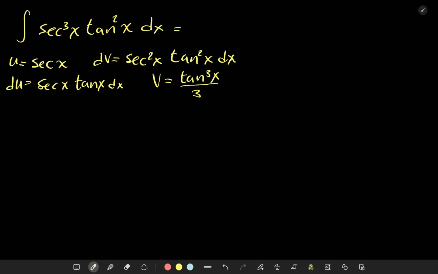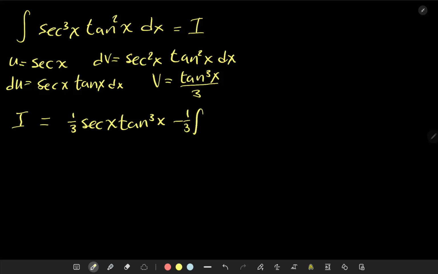All right, so now my integral is going to be according to the integration by parts formula. Let's call this one I, and I'm going to go like that. I is going to be uv, so it's going to be 1/3 of secant of x tangent cubed of x, just uv, minus the integral of v du.